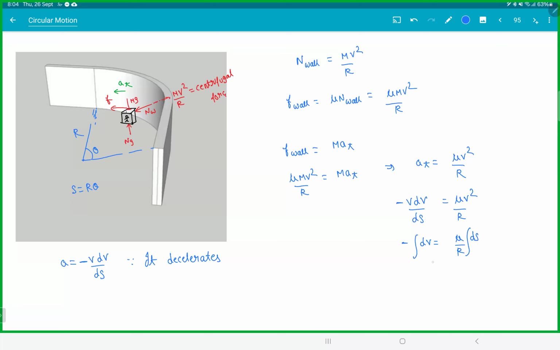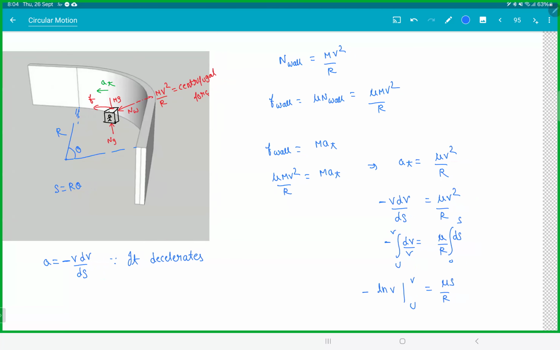Integrate on both sides. This will go from u to v and this will go from 0 to s. This will be, wait, I forgot a v there. There is a v there in the denominator. That will be minus ln v, limits will go from u to v. This will be mu s by r.